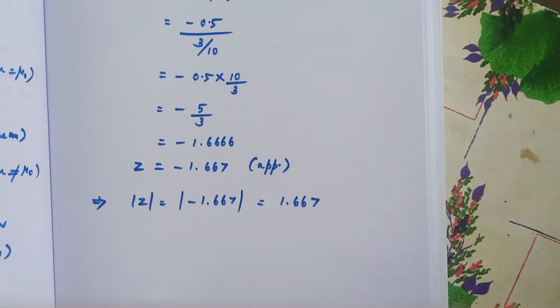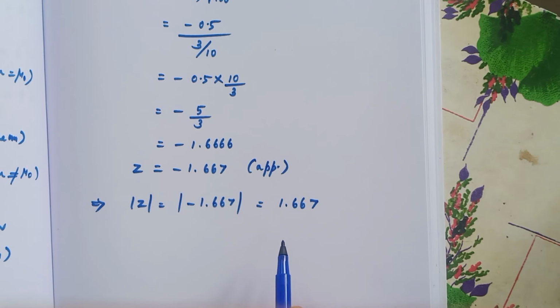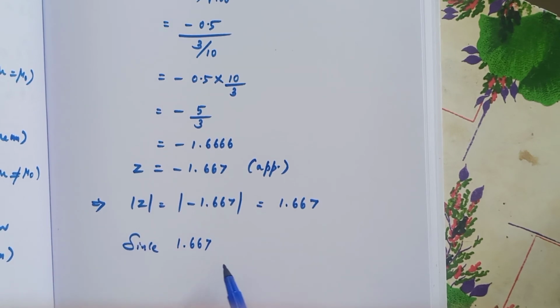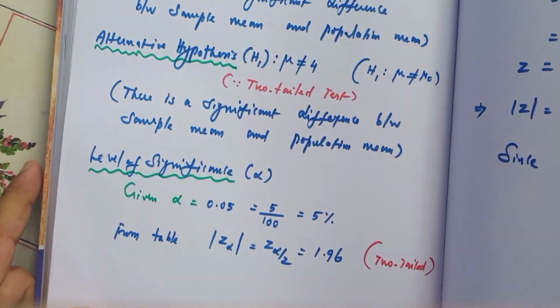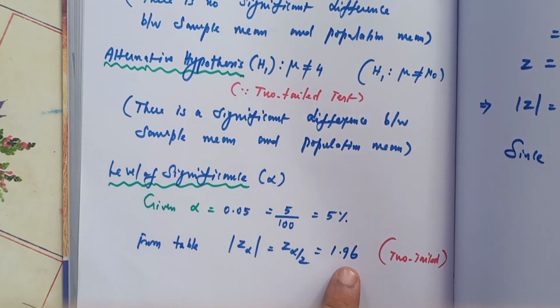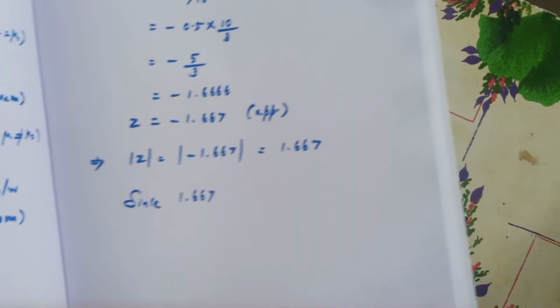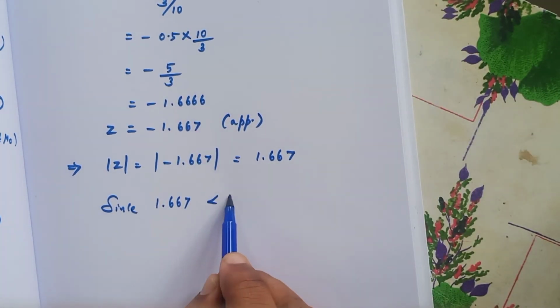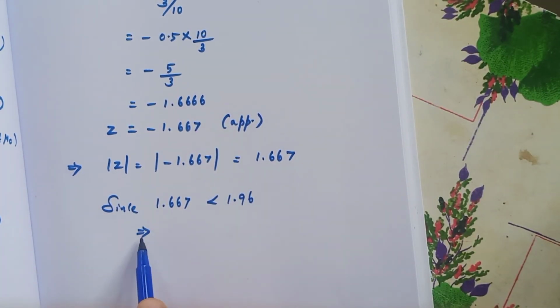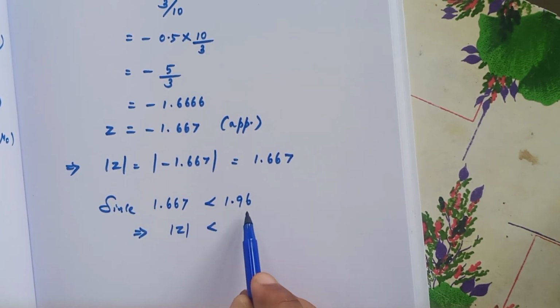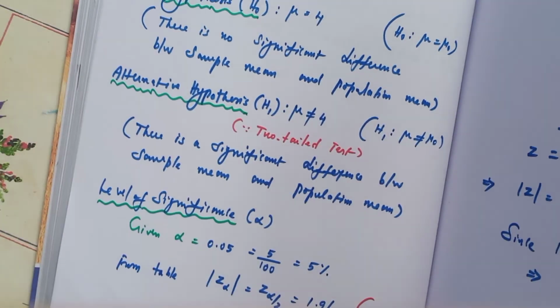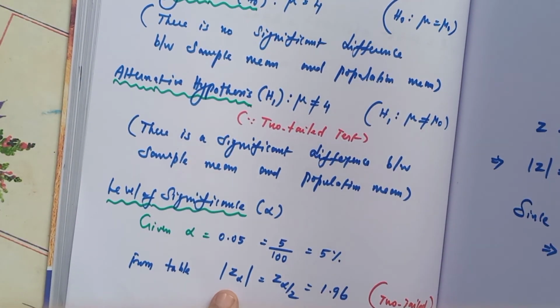Here the significance level value is 1.96. This mod Z value is less than 1.96, that is Z alpha by 2, or you can write mod Z alpha.